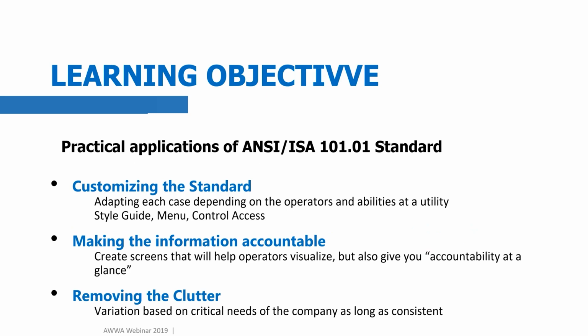So, learning objective in this section, practical applications of the ANSI ISA 101 standard. So this standard was developed as a guide, not a hard, fast rule. So customizing this standard and adapting each case depending on the operators and the abilities at the utility. The most important step one of this process is the style guide.